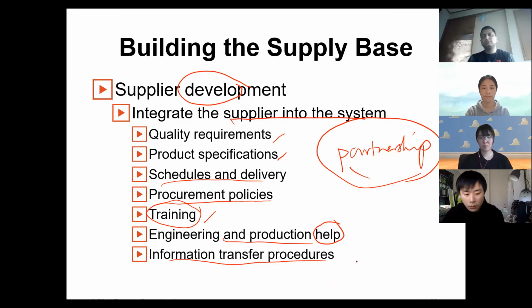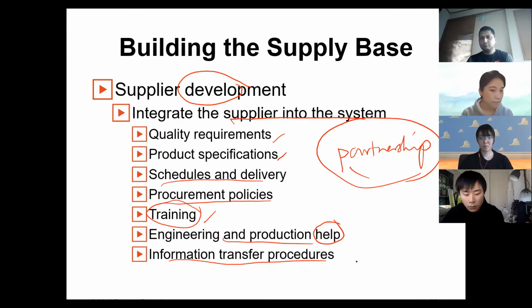It is very critical, very important that service providers or manufacturers take upon this responsibility to go beyond and assist them. Because it's to your own interest, it's your own advantage. If you have good suppliers, what would happen to your end products? Nian, what would happen if you have good suppliers?